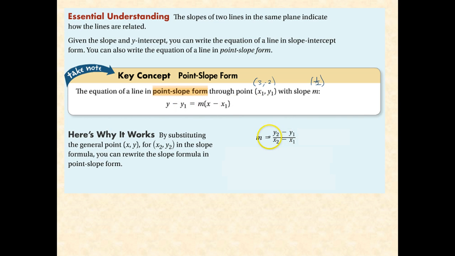If you remember the slope formula, if we don't know the slope but we have 2 points, we can subtract the y values, divide by the difference of the x values, and that gives us the slope.